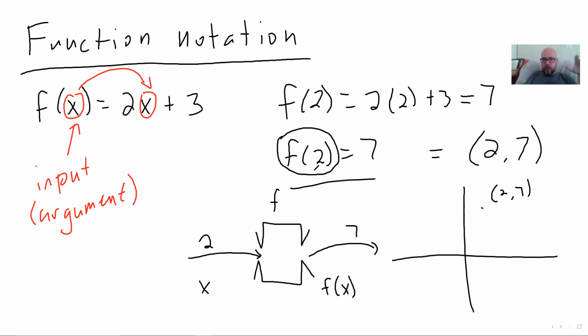This says my input's 2, my output's 7, my function's called f. Knowing that this is an ordered pair says, if I put 2 into whatever my operation is, the thing that I get out is 7. On a graph, all the inputs are on the x-axis, and that says that if I put in 2 here, the thing that I get out is 7. It's just a visual way of saying the same thing.